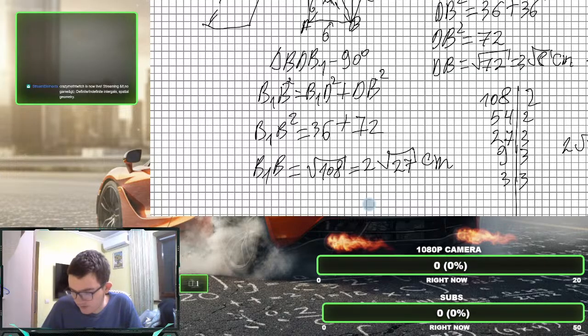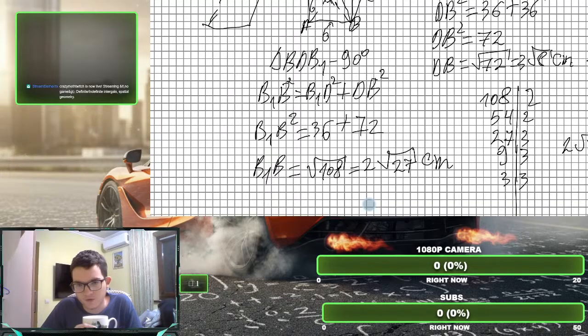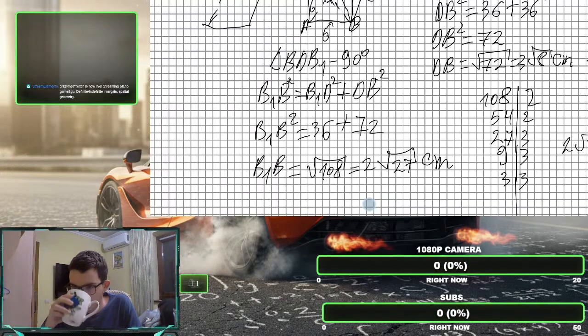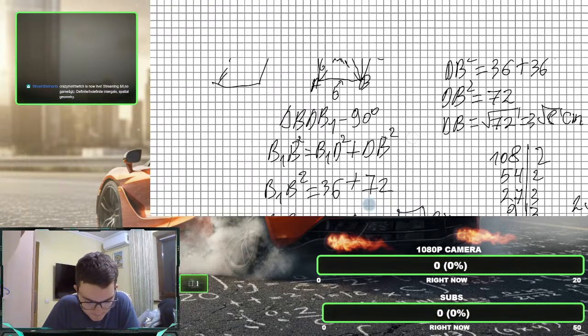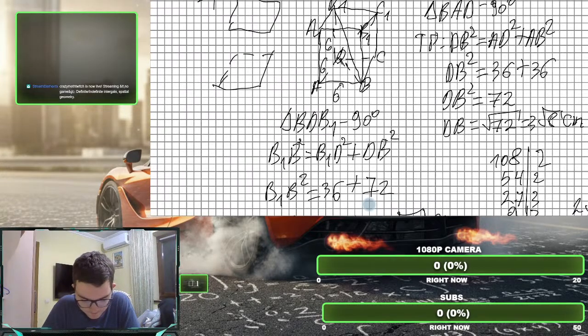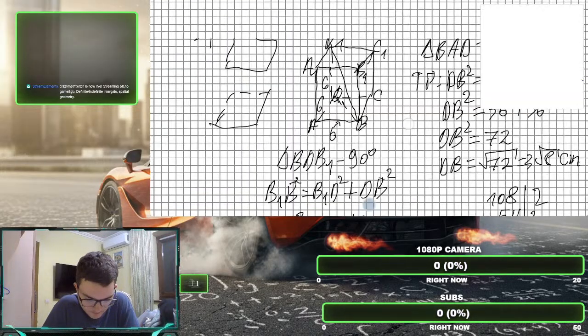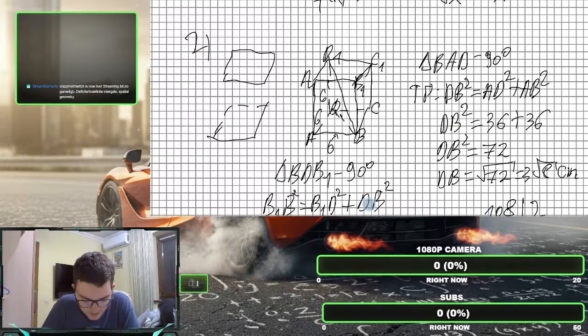And now we just need to find the area of that 90-degree triangle. So in order to find the area of triangle BDB1, I think I just need to multiply everything, right?